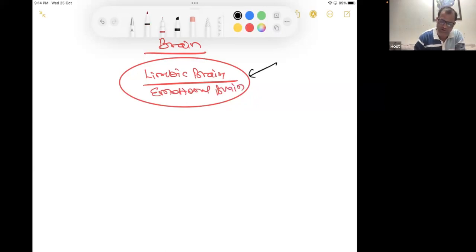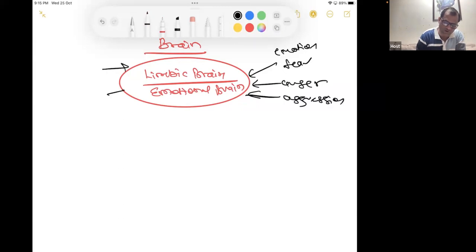The emotional brain is affected by emotions like fear, emotions like anger, aggression. ये जितने भी इमोशन होते हैं, these all affect your limbic brain, right? All the different emotions, even joy, sadness, depression.